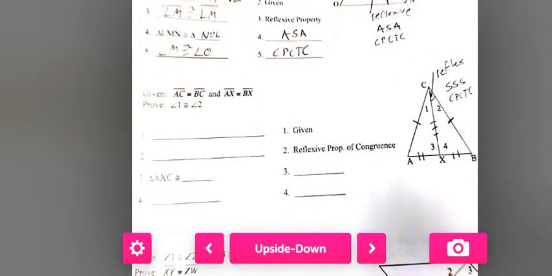Try to fill it out on your own, and then we'll look at it together. Write this down right now. No talking. Actually, just write this down.